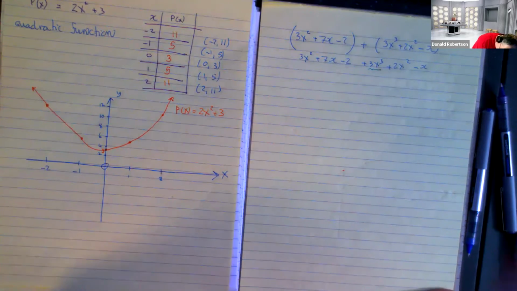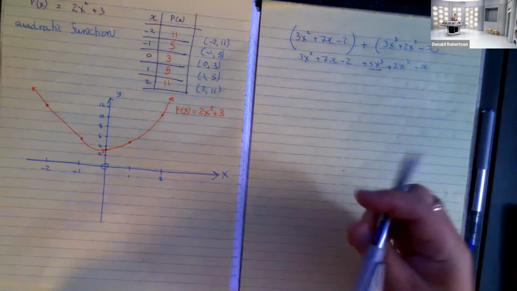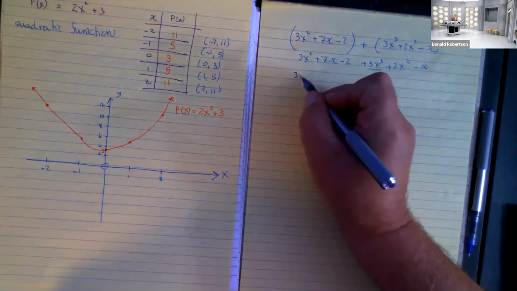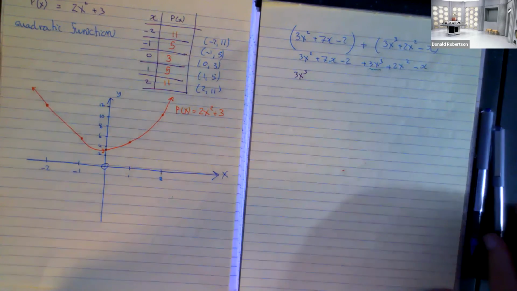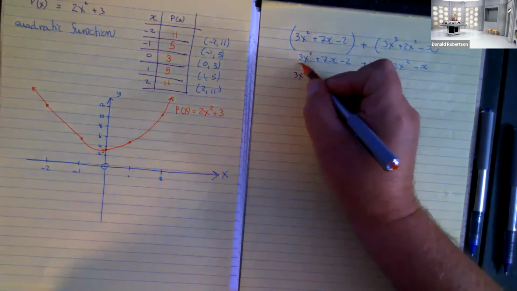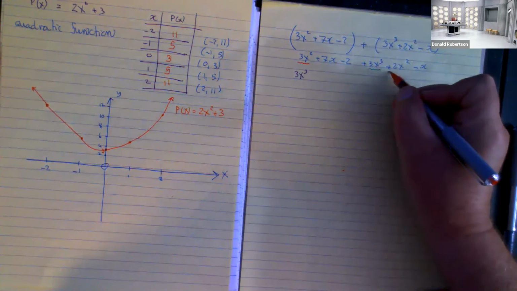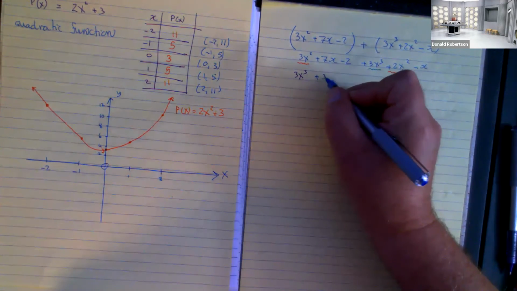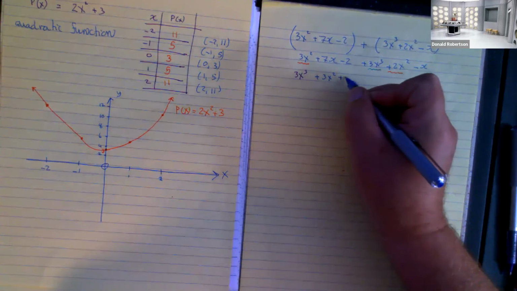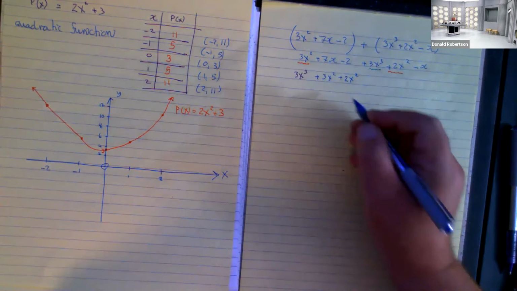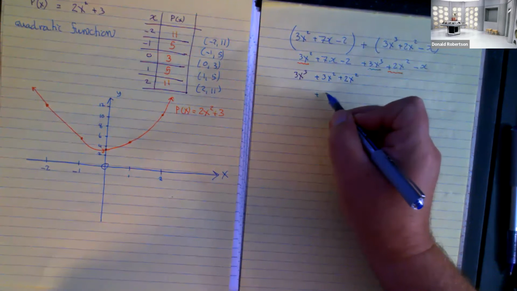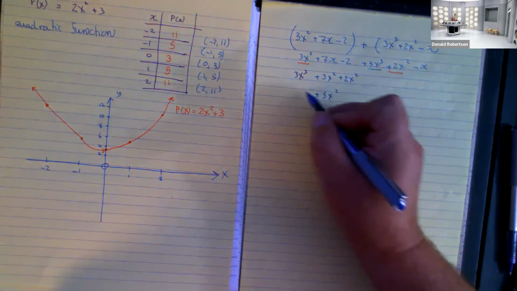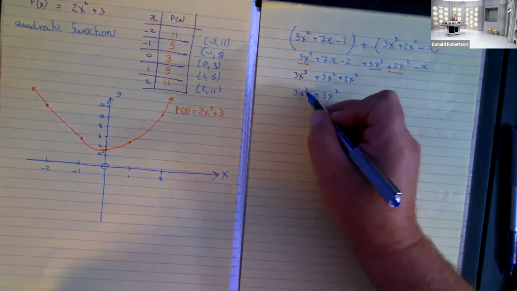And then you have another look in case there's any other x cubes, but there isn't. So 3x cubed. Then we look for x squared. I have 3x squared plus 2 more. So I wouldn't normally write this line, but I'll put it in today. Now you combine them, you get plus 5x squared, and you still have 3x cubed.